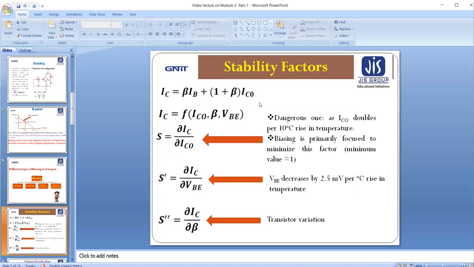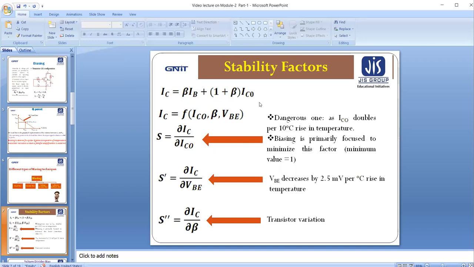But in the analysis of the Q point and biasing, this ICO cannot be neglected. It is very crucial and important for proper design of the biasing circuit.